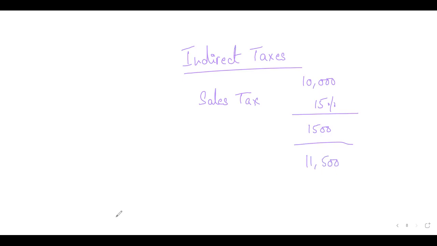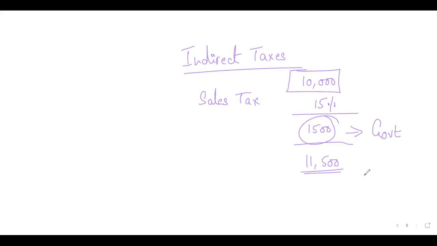Out of this amount, 1,500 goes to the government, which imposed the indirect tax, and the remaining amount goes to the restaurant. Whatever tip you pay goes to the person who served you. Easy. You got this?